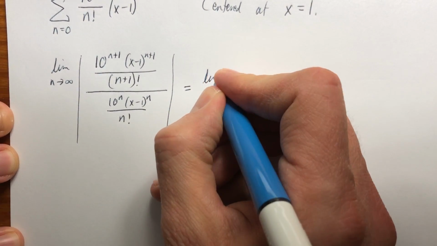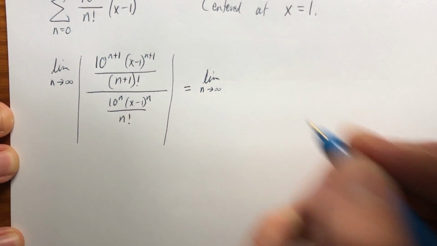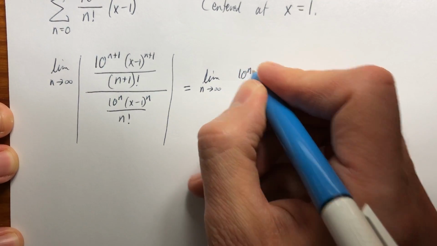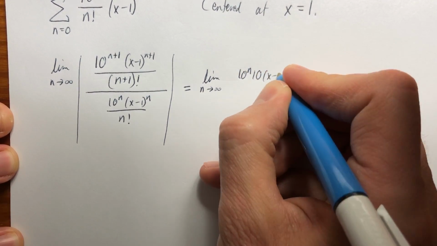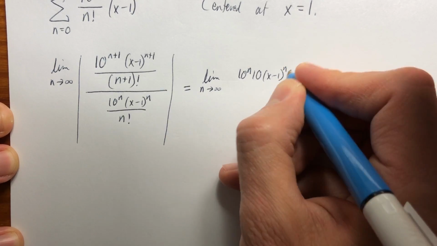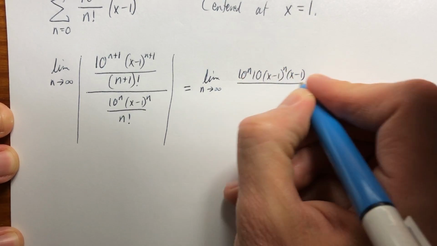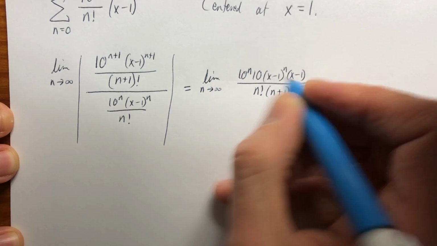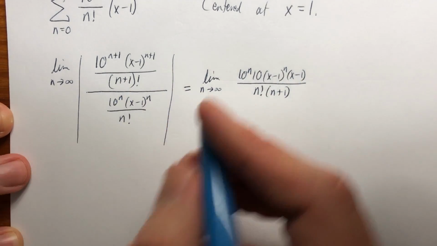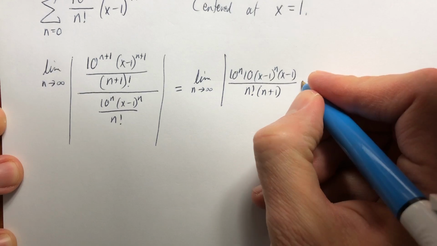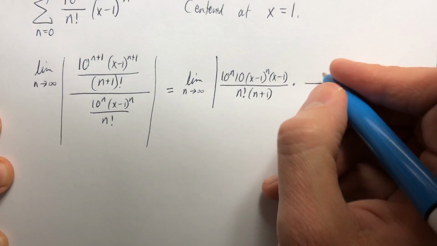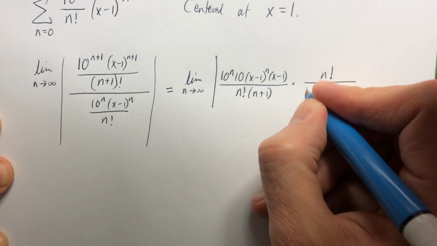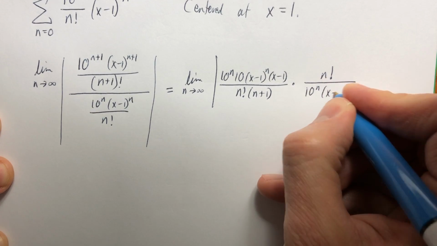Let's keep going. This is the limit as n approaches infinity of 10 to the n, 10, x minus 1 to the n, x minus 1 over n factorial, n plus 1. I'm doing that because I know I'm going to need to cancel that one out. All that's in bars. And then n factorial over 10 to the n, x minus 1 to the n.